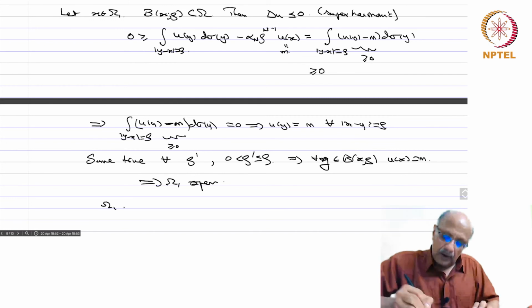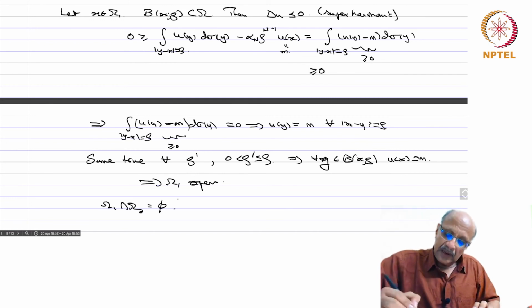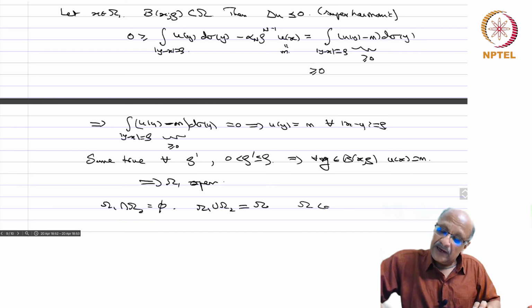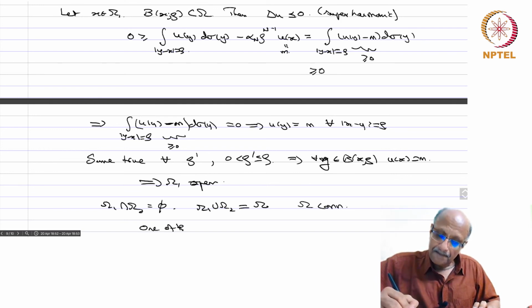So, omega 1 intersection omega 2 is disjoint, and omega 1 union omega 2 is the whole space, and therefore, omega is connected. So, one of them has to be empty.